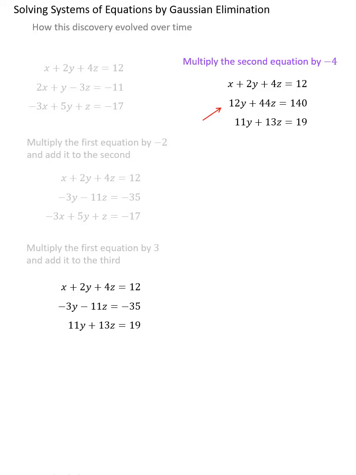Now, I'm actually the mathematician who did this, but I deliberately chose to multiply by -4 to make that a 12. Why on earth would we want to have a 12 there? Watch and you'll see. If I then multiply the third equation by -1 and add it to the second, I'm effectively using the 11 to turn the 12 into a 1.